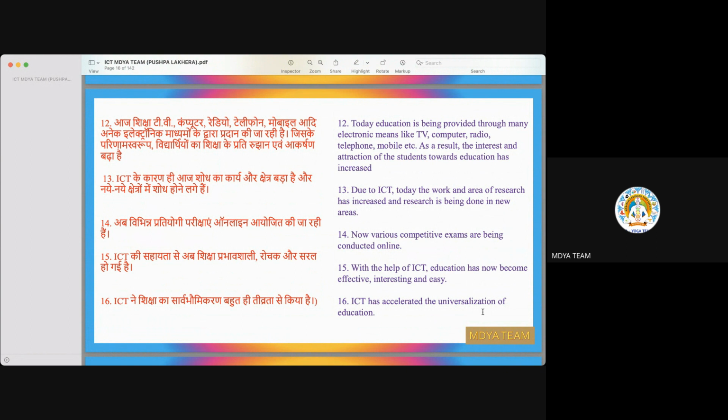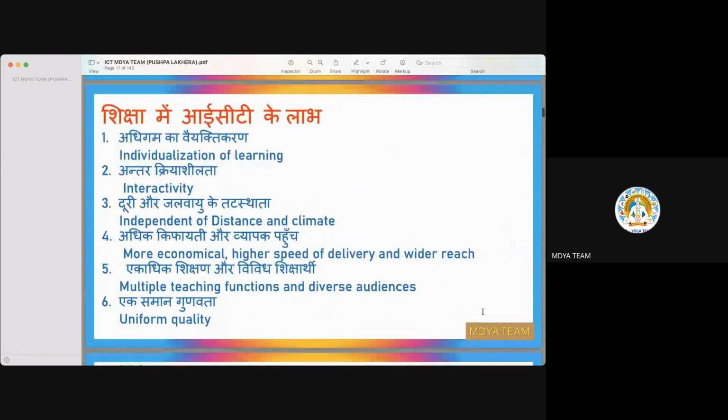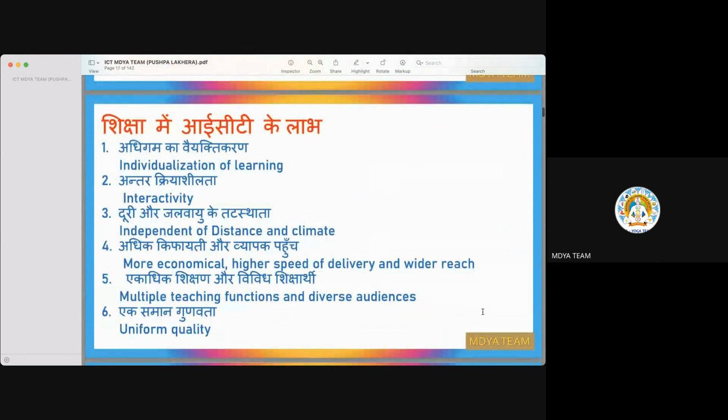Now various competitive exams are being conducted online. Earlier, we have seen in 2-3 years, exams are being conducted online. With the help of ICT, education has now become effective, interesting, and easy. This has accelerated, and universalization of education has been in progress.